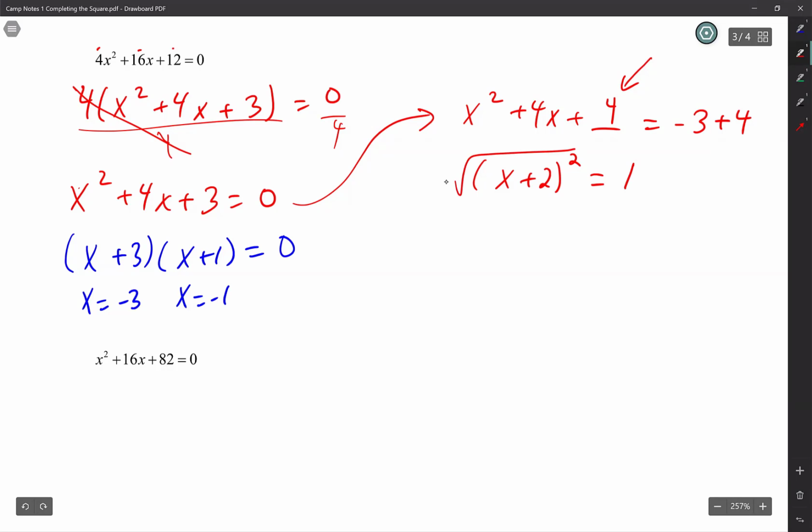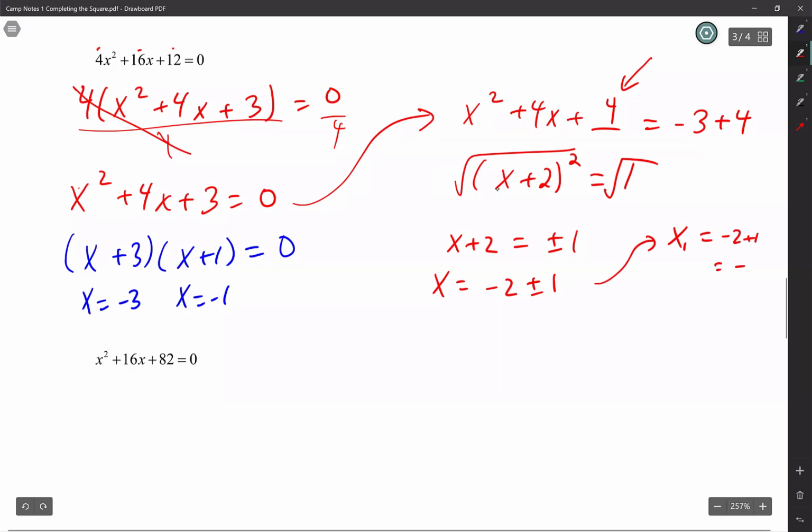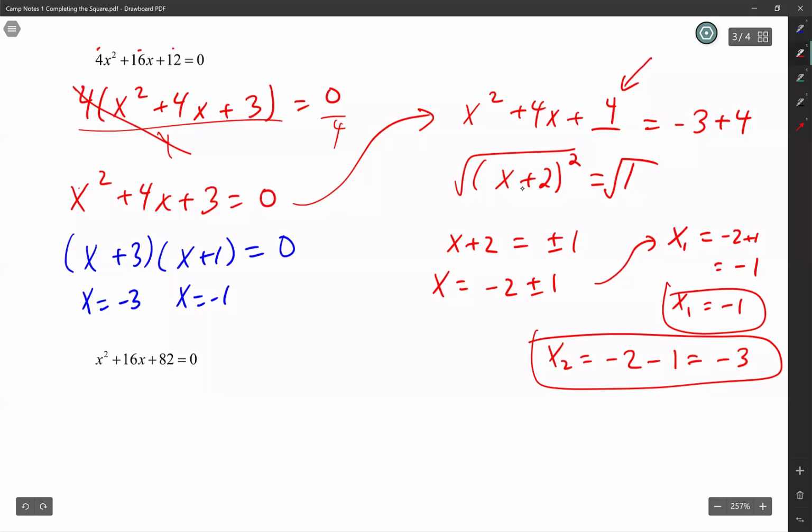Square root, x plus 2 equals plus minus 1. Move the 2: negative 2 plus minus 1. Those are my two solutions. x1: negative 2 plus 1 is negative 1. x2: negative 2 minus 1 is negative 3. So negative 1, negative 3, just like with factoring.